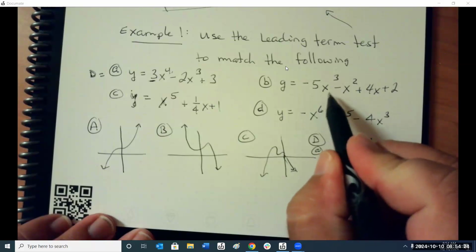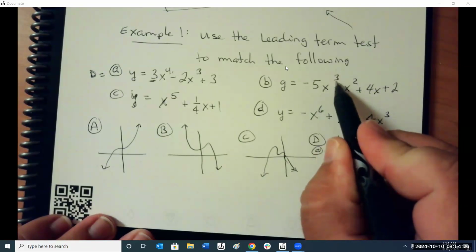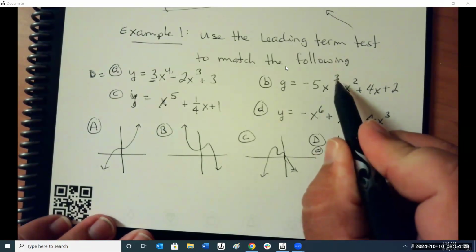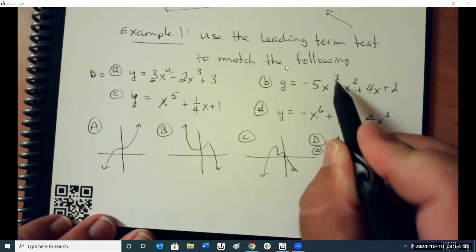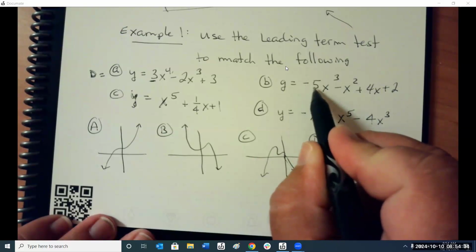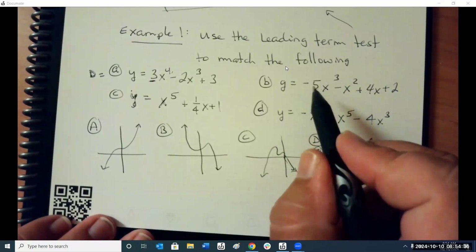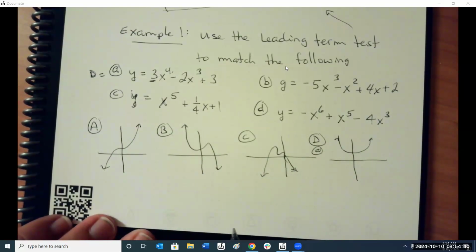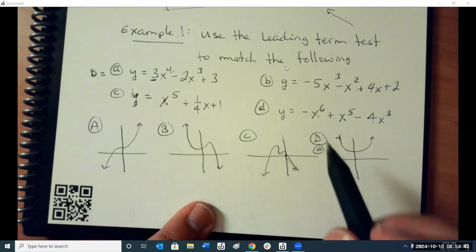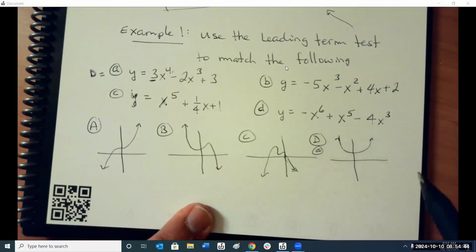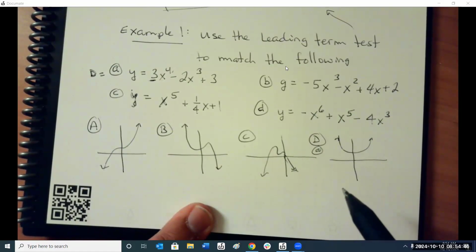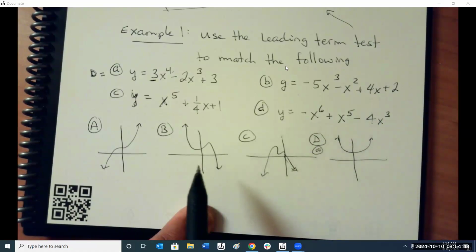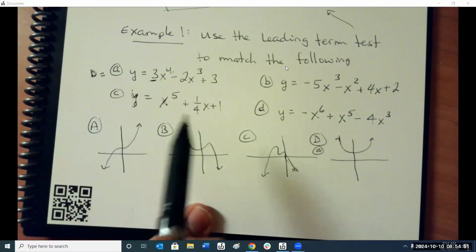That goes to A. Look at B. X cubed. The degree is odd, so the ends go opposite directions. And it's negative, so it goes opposite directions down. Let's see which other ones we have.